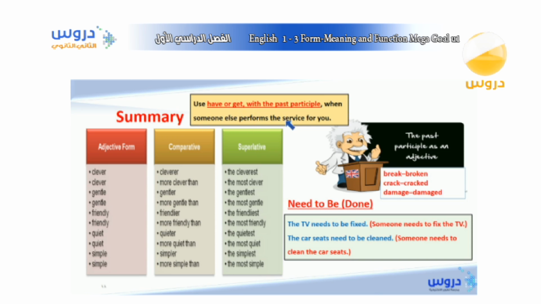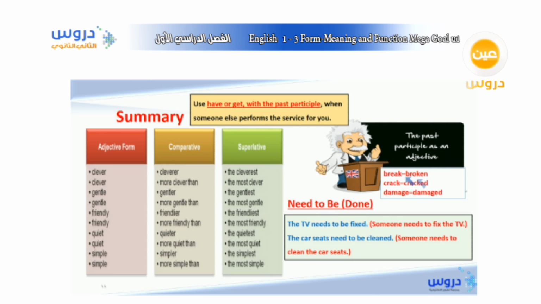Now we have finished today's lesson. I will summarize what we have studied today. Use have or get with the past participle when someone else performs the service for you. Adjective form, you have clever, gentle, and comparative form, cleverer, more clever than, gentler, more gentle than.